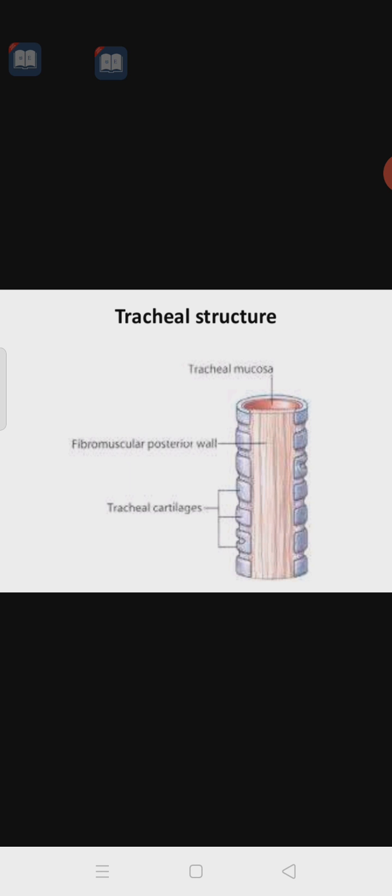Tracheal mucosa inside. Mucosa means the inner part. Fibromuscular posterior wall. So on the outside layer you can see the tracheal cartilages, which look C-shaped.